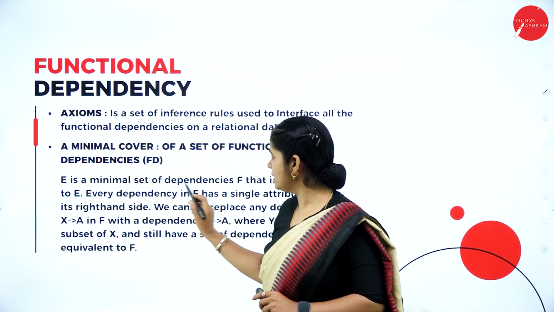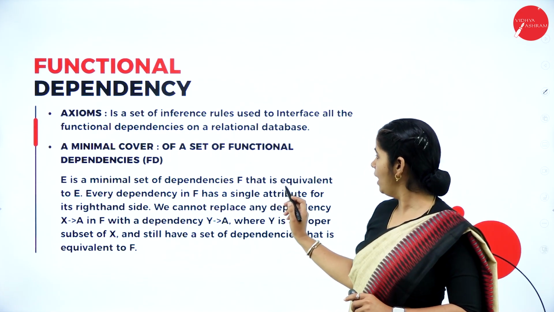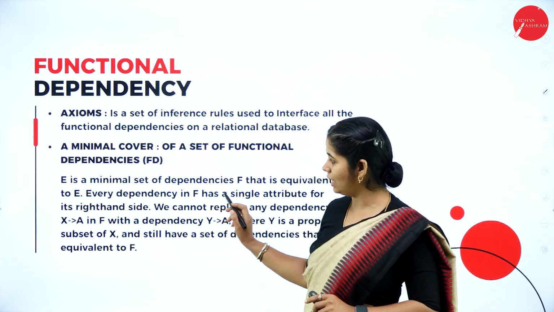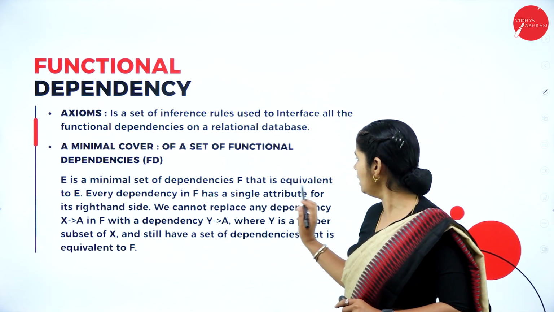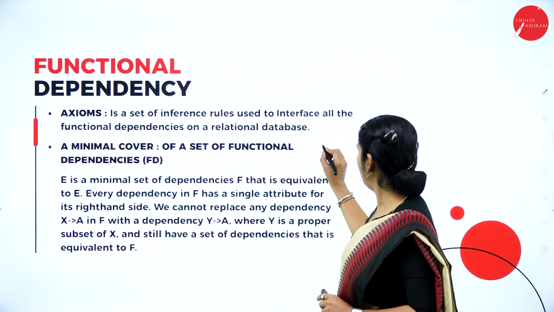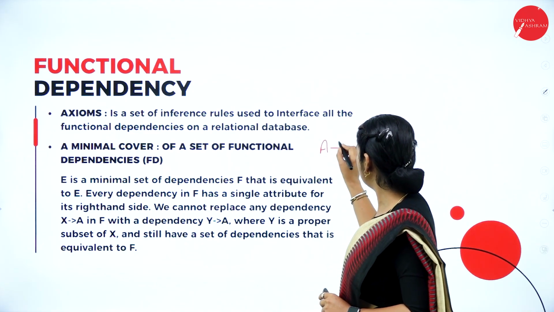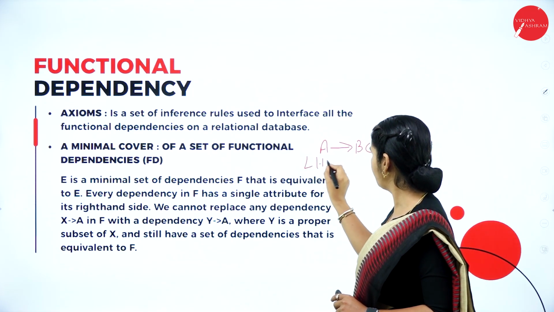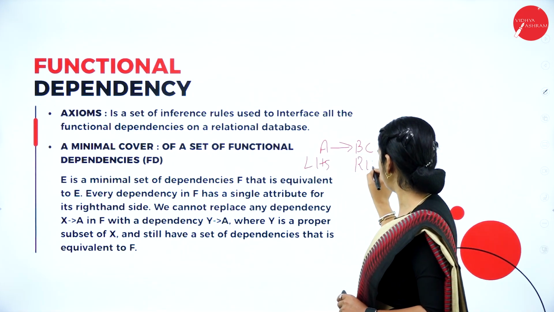E is a minimal set of dependencies F that is equivalent to E. Every dependency in F has a single attribute on the right hand side. So, this is A determines B, C. This is our LHS, and this is our RHS.